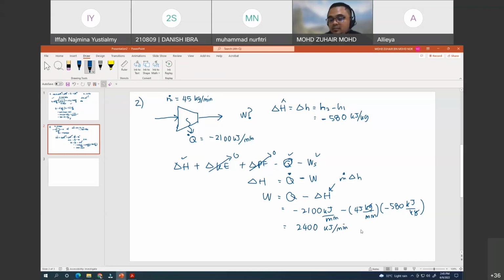And then we can change per minute to per second. 1 minute is equal to 60 seconds. So we are going to get 400 kilojoule per second, which is also equal to 400 kilowatts, because watts equal joule per second. So the final answer is 400 kilowatts.